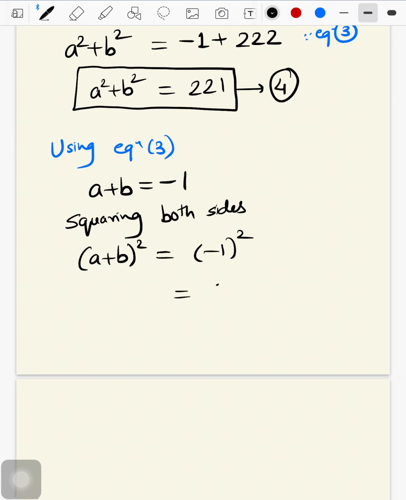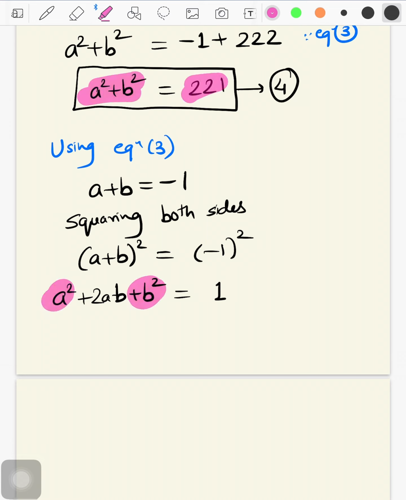Minus 1 square will be 1, and we know the expansion formula for a plus b whole square: a square plus 2ab plus b square, correct? Now for this a square plus b square, what value do we have? 221 from equation 4. So in place of a square plus b square we can put 221, plus 2ab equals 1. I am writing the reasoning here since we are using equation 4.